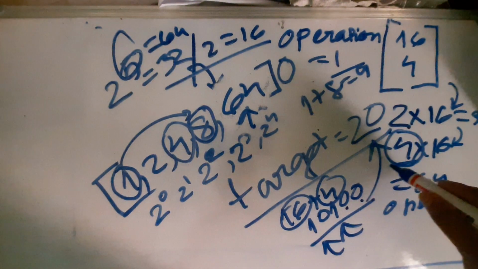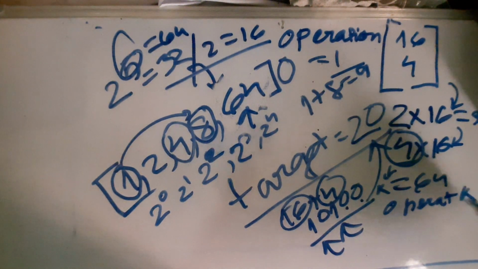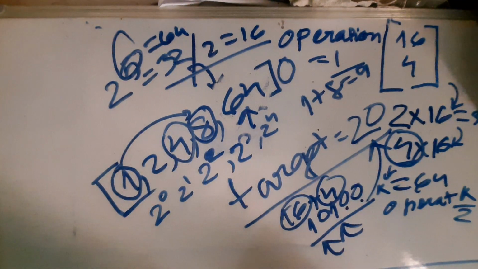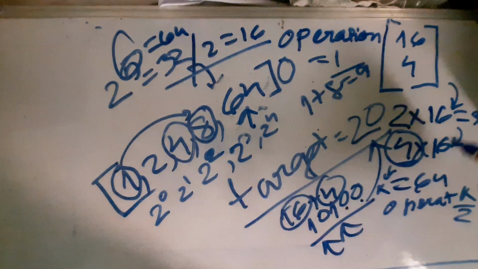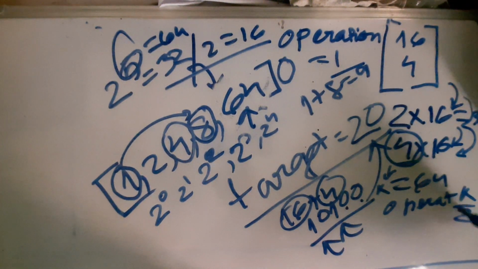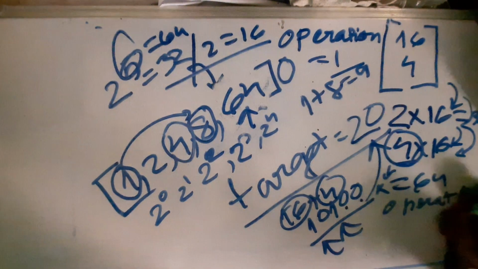that number, suppose that is k divided by 2? No, the step number. Suppose in the kth step we have found that number, so our operation will be nothing but k.